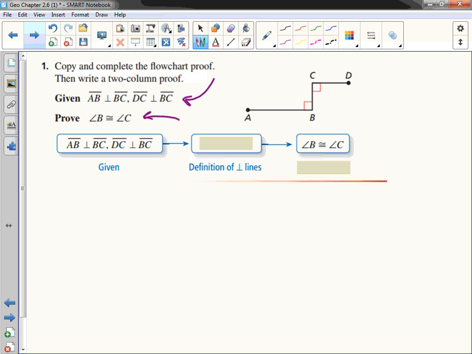So segment AB and BC are perpendicular. DC and BC are perpendicular. And we want to say that angle B is congruent to angle C, yes?